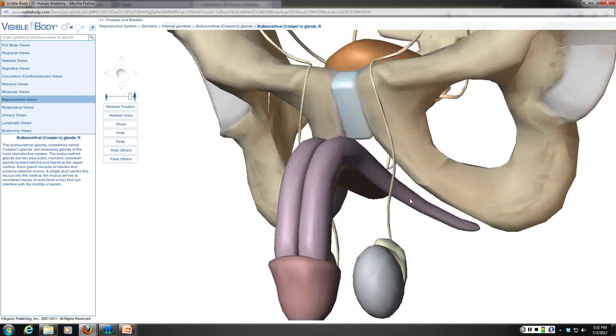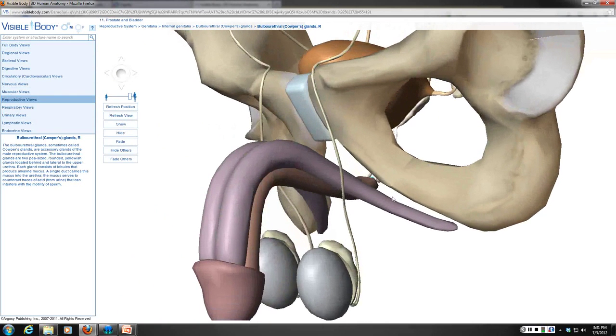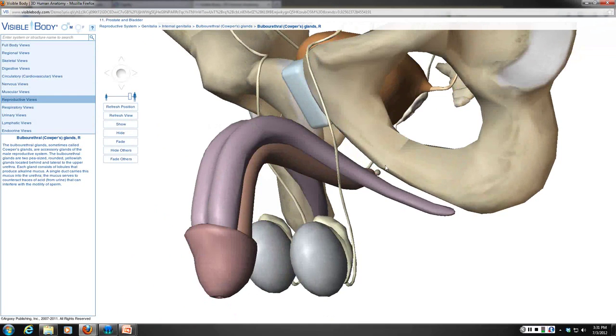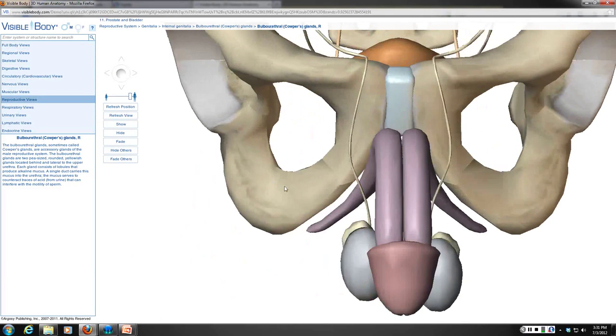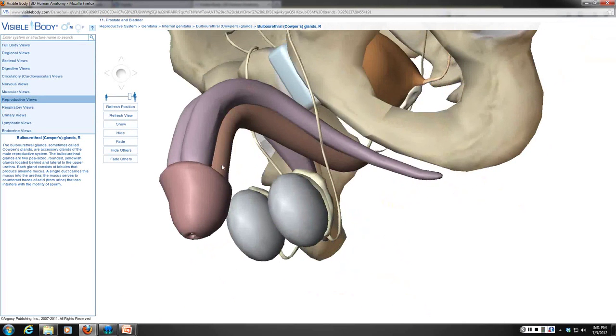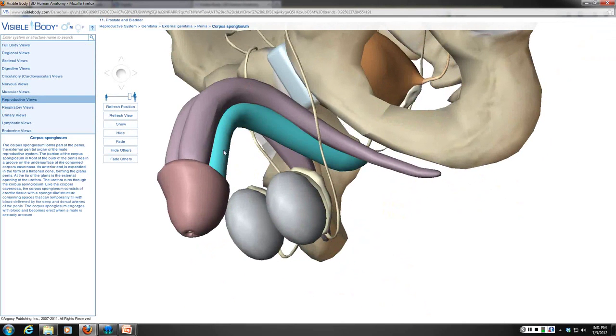All right, so in lab, when you guys take a look at the model next week, you'll be looking at the different erectile tissues of the penis. So these are the spongy tissues that fill with blood as blood vessels dilate in the penis and cause erection to take place. So those penile tissues, if you're looking here at the side, there's one on the bottom, and that's called the corpus spongiosum.